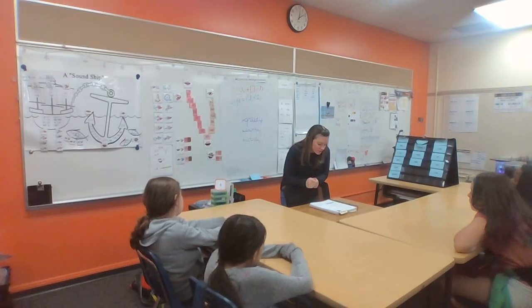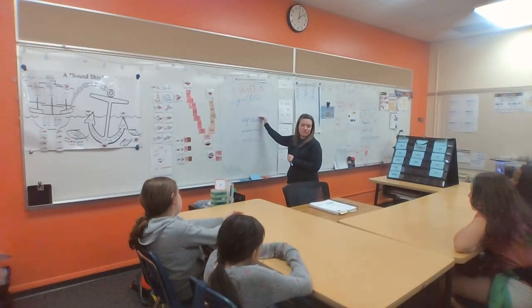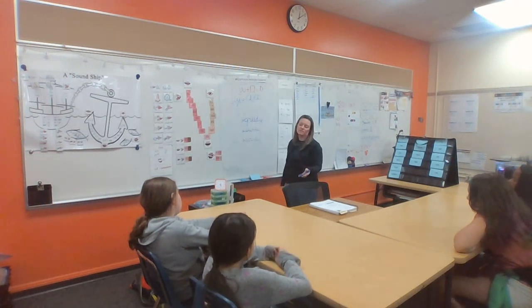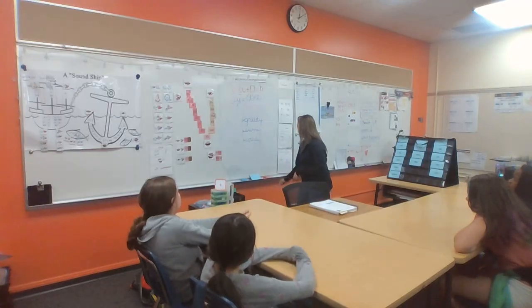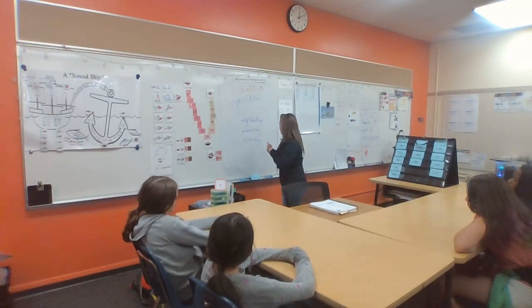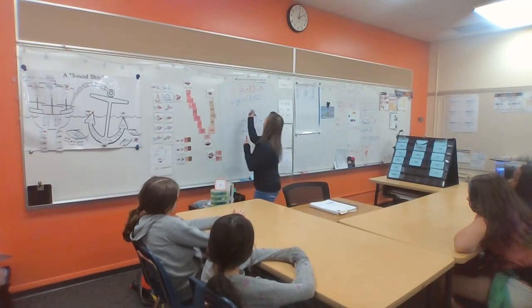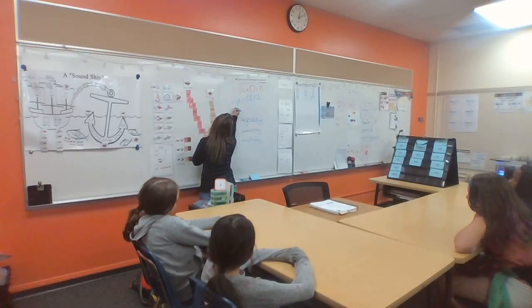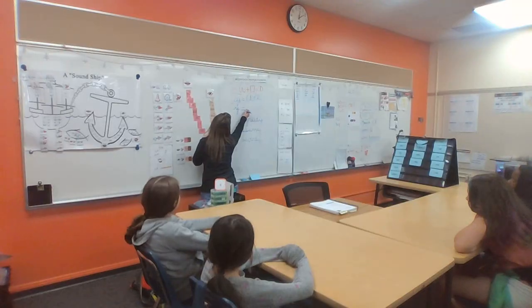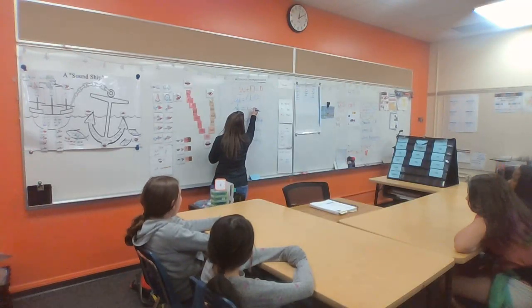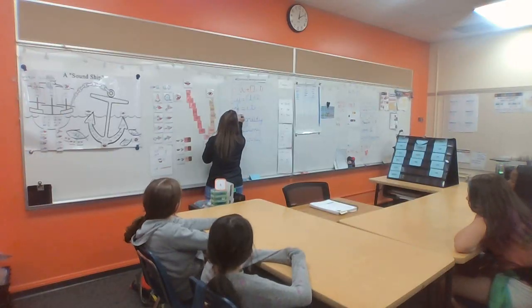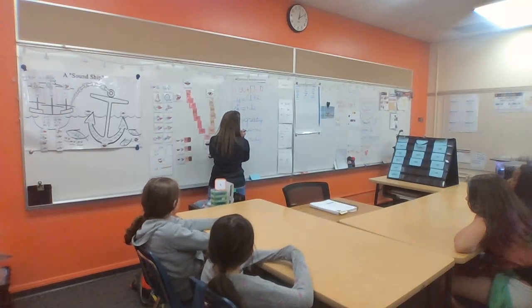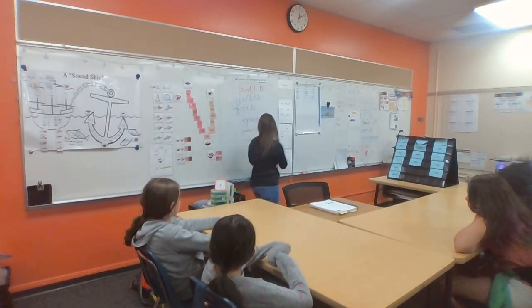So this is a vowel suffix. So when we see Y at the end of our base word, we read that as E. We box suffix Y. Ready?